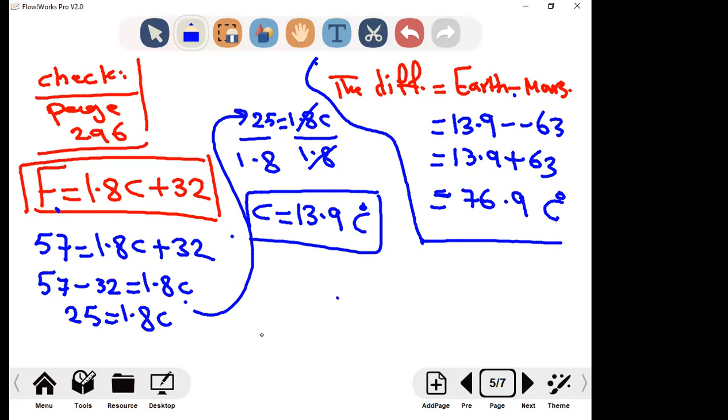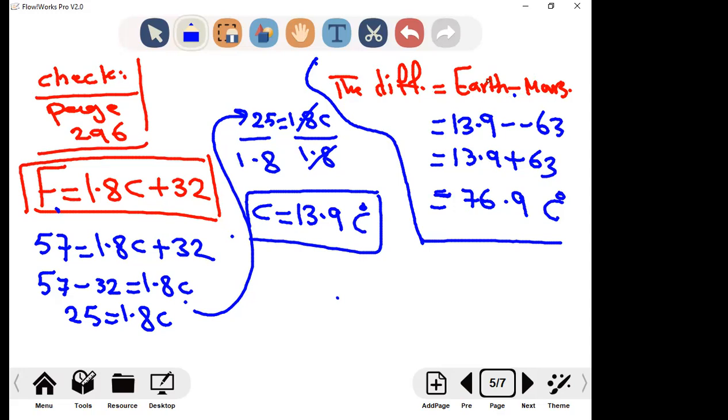Again, I will repeat this question. The question gave us a table, and this table includes the temperatures for some of the planets, okay? One of them is the Earth and one of them is Mars. The question wants us to find the difference between the temperature in Celsius between Earth and Mars.